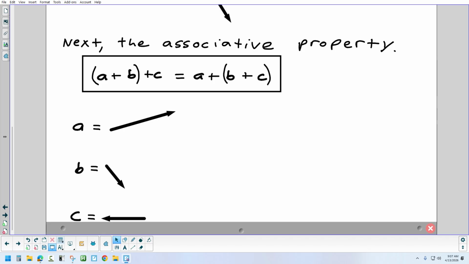So let's do A plus B. You know what? I want to make this just a little longer, because I don't want my vector to be close to horizontal. If something gets really close to horizontal, it doesn't let me go in between. It just kind of snaps in place. So that would have been hard for me to draw.